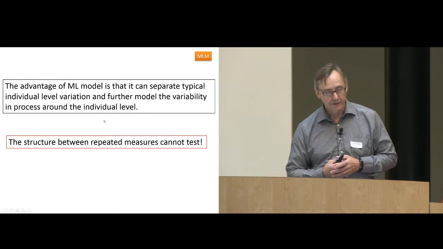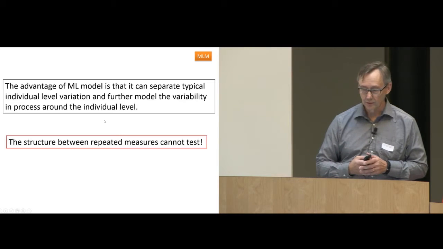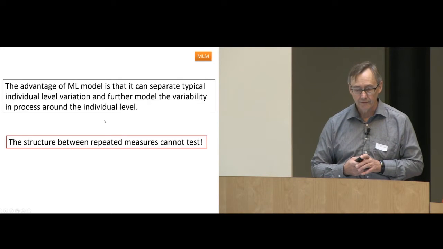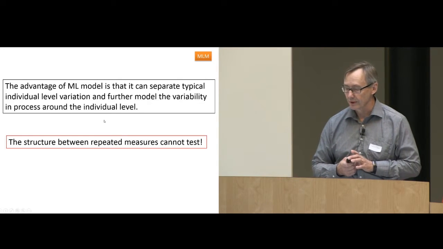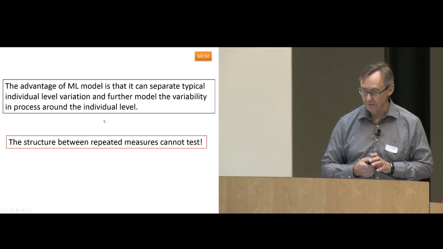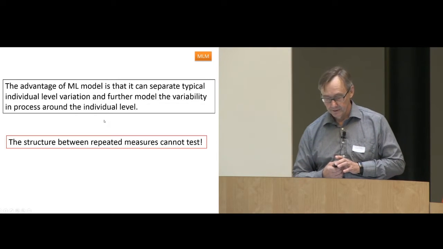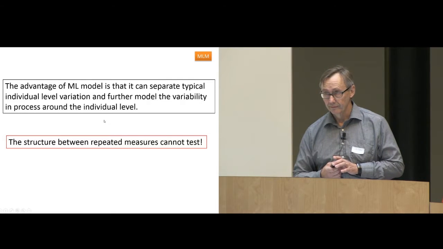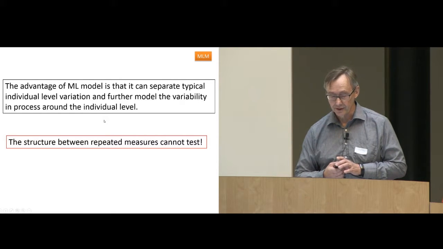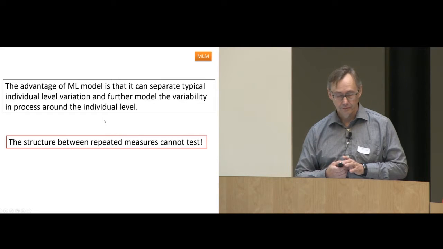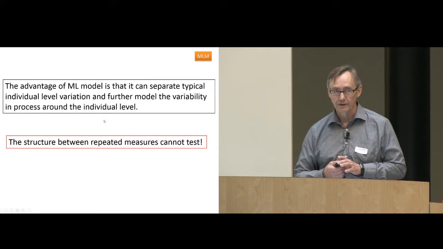So the advantage of multi-level modeling is that you can separate typical individual-level variation and further model the variability in the process around the individual level. But there is this disadvantage that the structure between repeated measures cannot be tested.